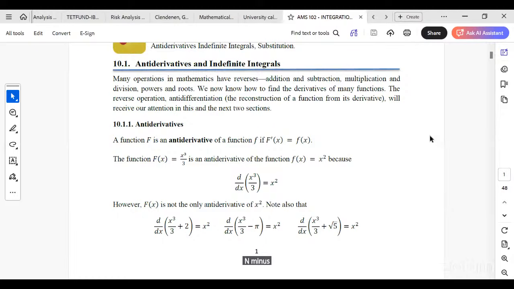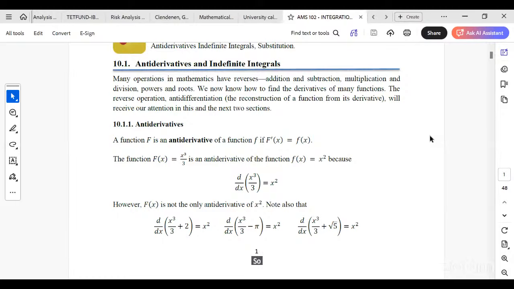The power of x is used to multiply x, and then the power is reduced by 1. So what if you are interested in finding a function that was differentiated to produce n x to the power of n minus 1? That means you want to reverse the process that produced that derivative. That reversal is known as anti-derivative, and it's also called integration.